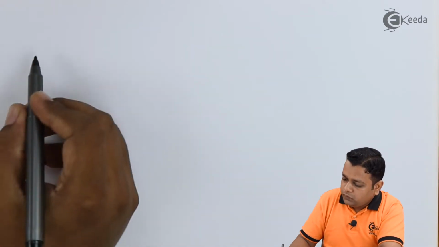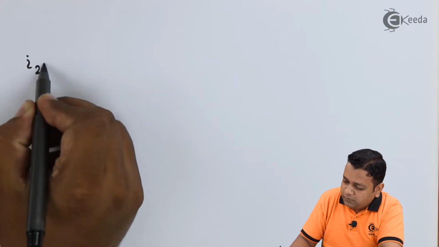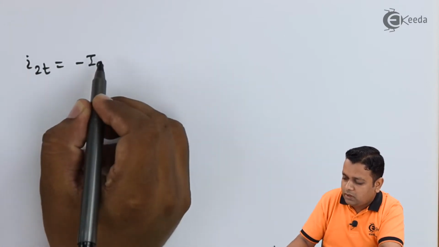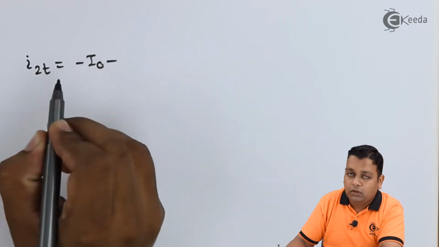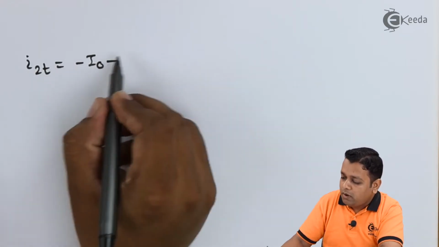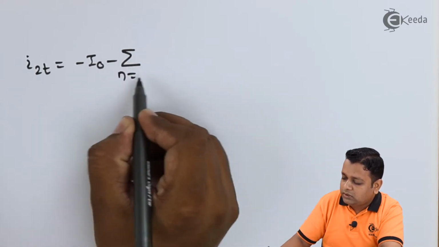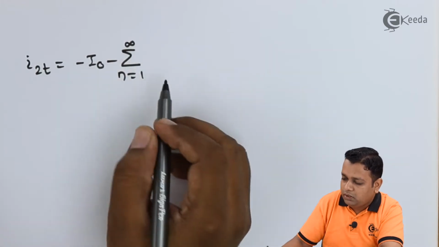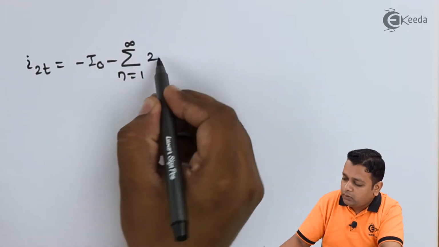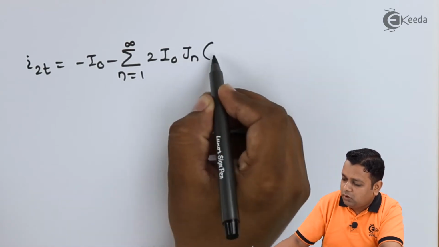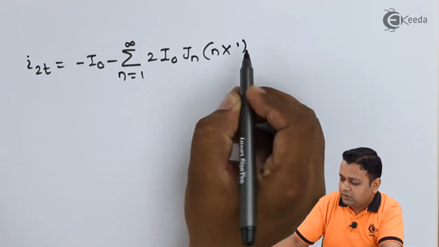The beam current for the reflex klystron oscillator will be denoted as I suffix 2t, and it is equal to minus capital I0, the beam current due to the DC potential, minus the summation operator with the index n equal to 1 to infinity operated over twice capital I0 in multiplication to Jn of n times x dash.